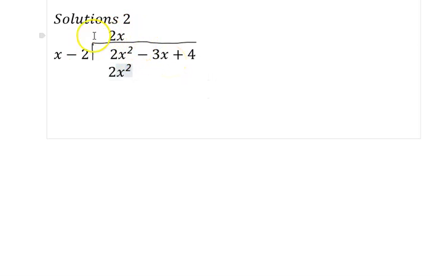After multiplying this 2x and this x, we now multiply this 2x and this minus 2 again. 2x times minus 2 will give you what? Minus 4x. Beautiful. So you subtract again.